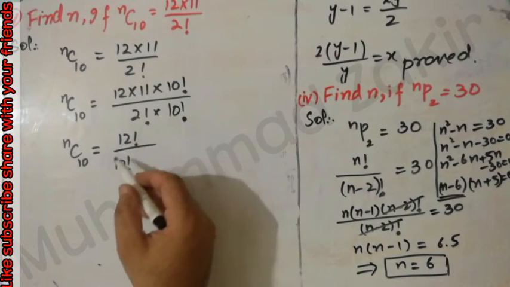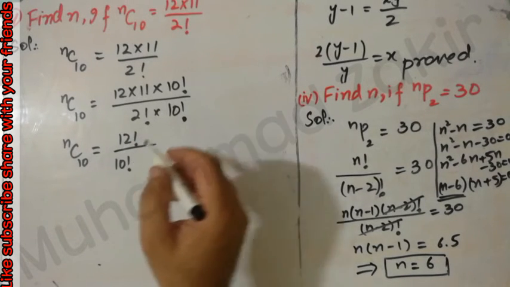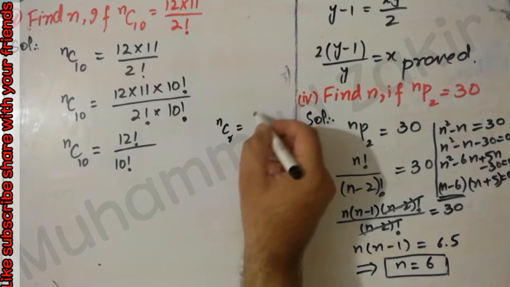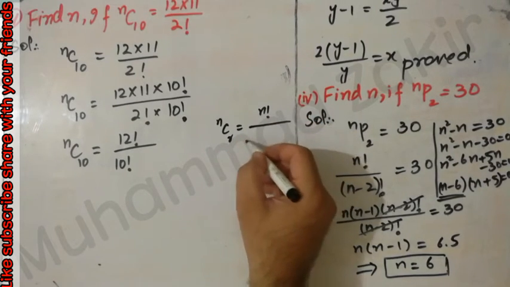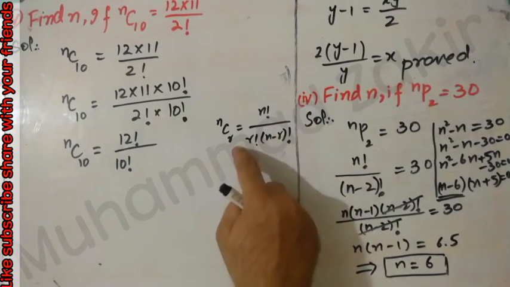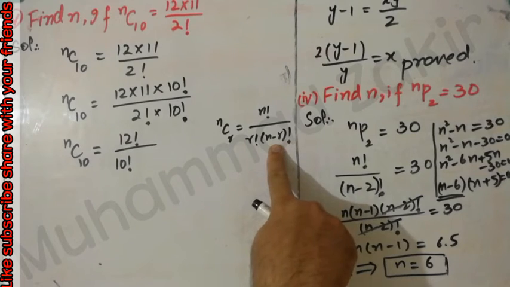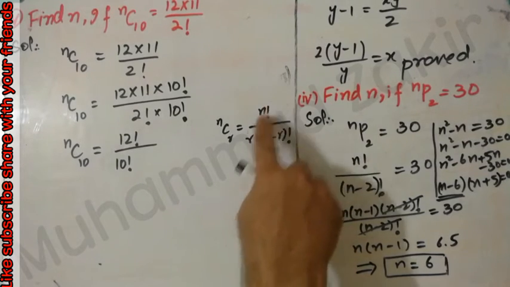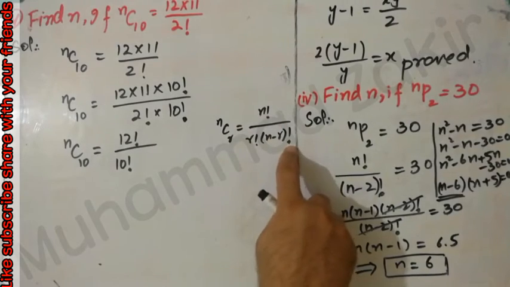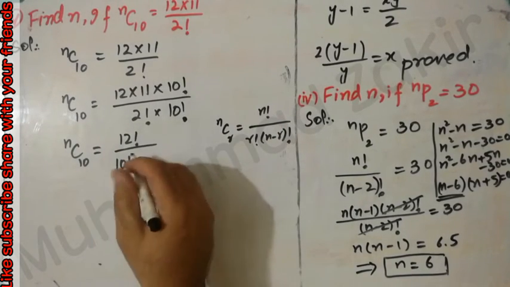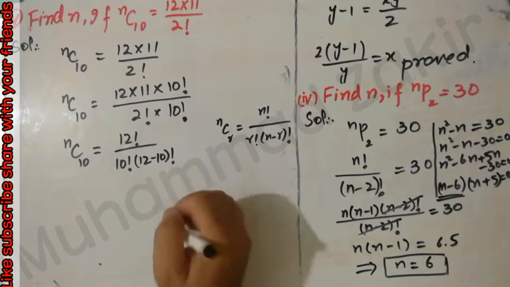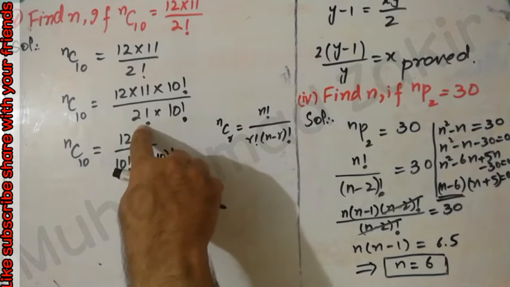If this is n, this is r, according to the formula of nCr, what is the nCr formula? nCr is equal to n factorial divided by r factorial times n minus r factorial. This is n, this is r, and this is the difference of both. Here must be the difference of these two, 12 minus 10 factorial. It becomes 2 factorial.